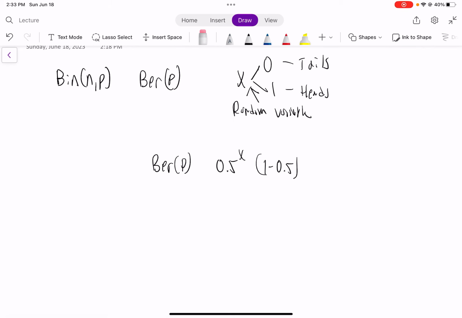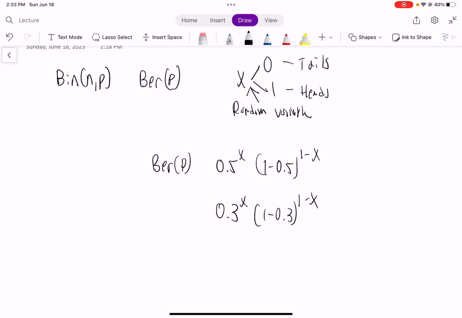So notice if it takes 1, then it's 50%. But if it's not 1, then let's just say it's 0. It's 1 minus x. Then it's probability 50% too, because 50% plus 50% is 100. So let's just say in another example, this is what it looked like.